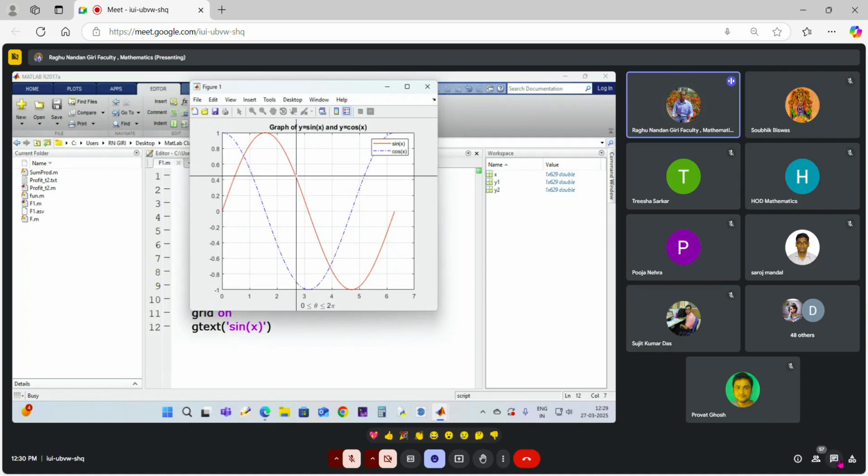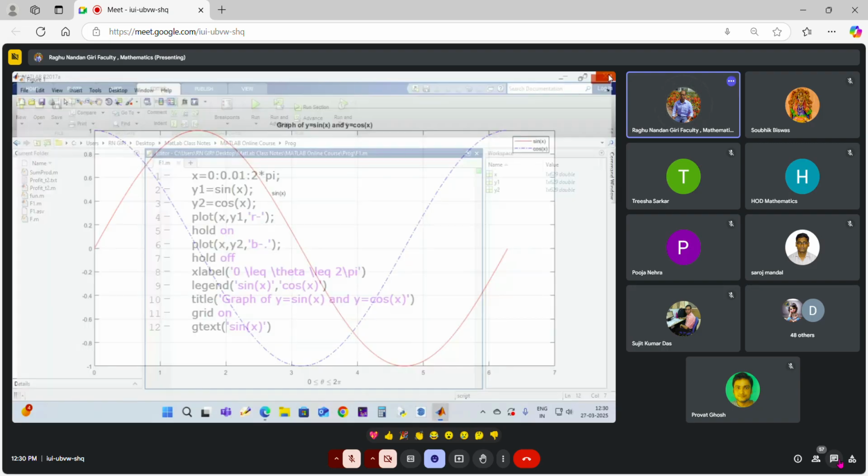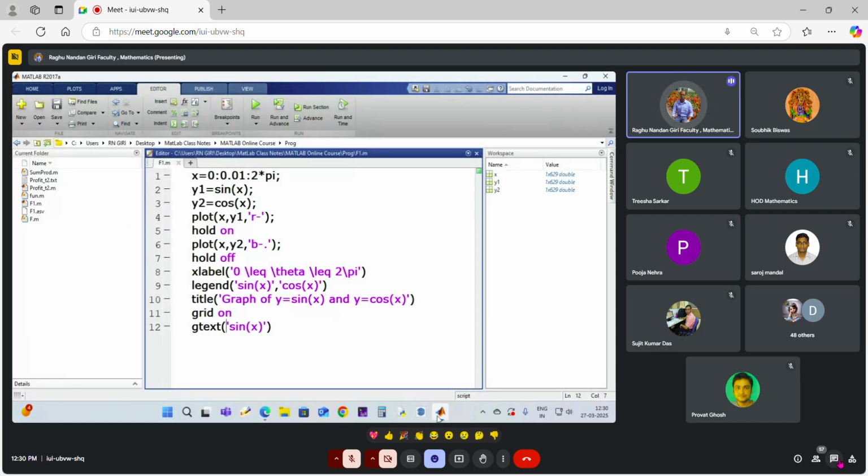So if you click at any point, the message sticks there. So this is how gtext works. These are basically the graph formatting commands.